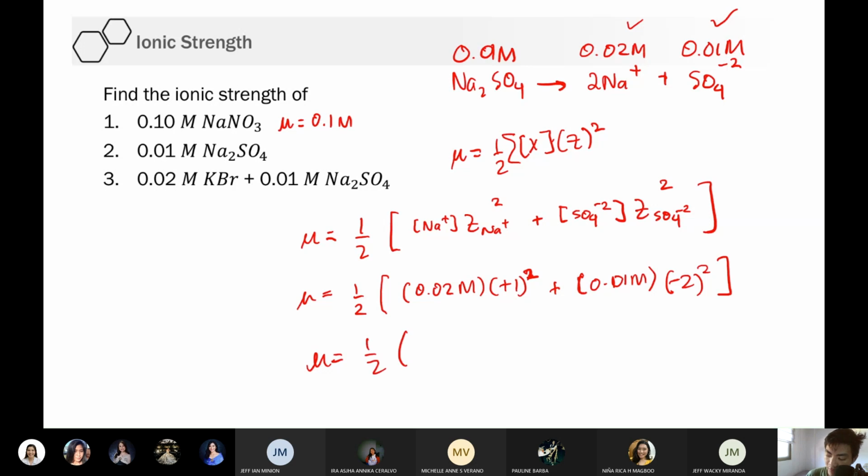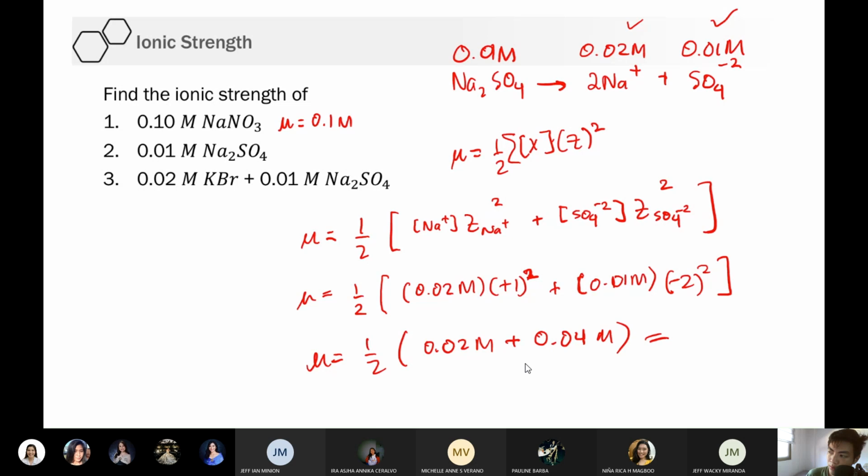So mu is 1/2. What is 1 squared? That's 1 times 0.02, so that will be 0.02. Plus we have -2 squared, so that will be 4 times 0.01. We will have 0.04.